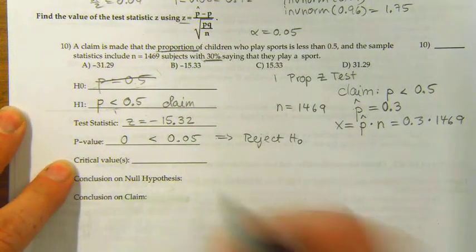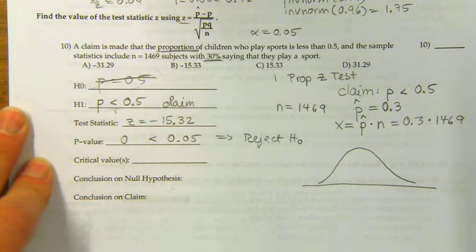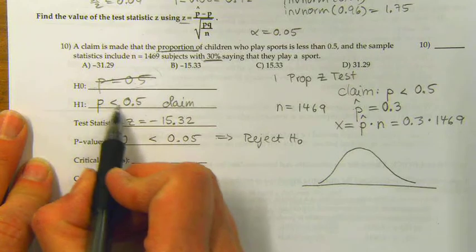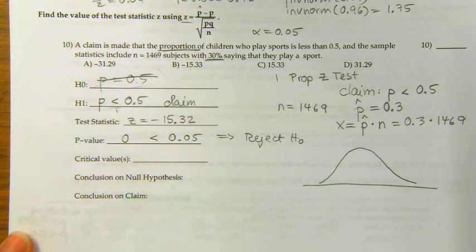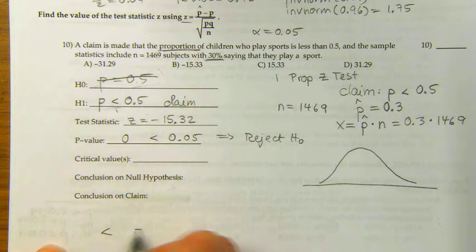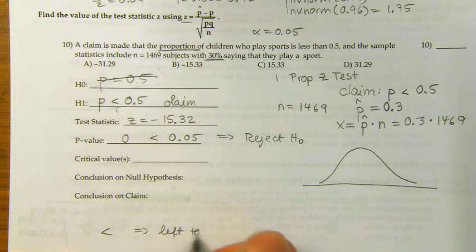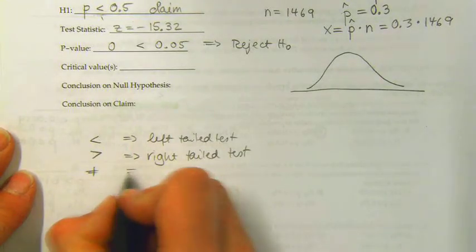To find the critical values, whenever I have a less than symbol in my alternate hypothesis, that means a left tail test. If I have a greater than symbol, that's a right tail test. And if I have a not equal symbol in my alternate hypothesis, that's going to be a two-tailed test.